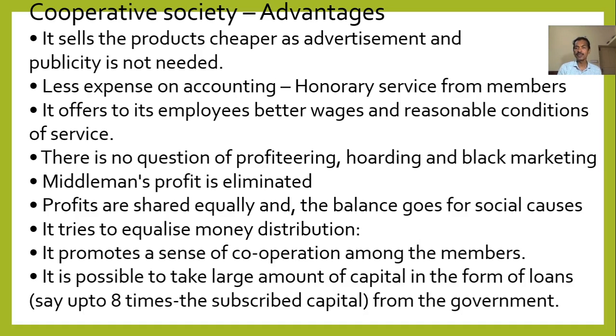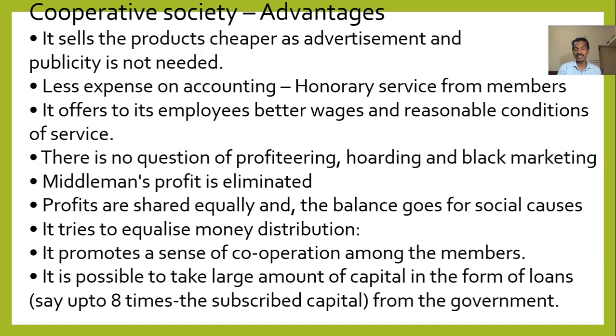And the middleman's profit is eliminated. The society will get goods directly from the manufacturers and sell them at a lesser rate. There is no middleman. Therefore, the profit of middlemen will be eliminated, and whatever profit would be earned by the middlemen will be distributed among the members.